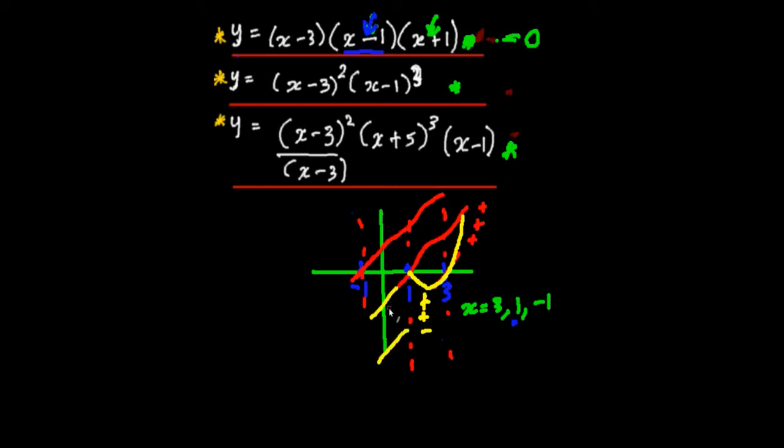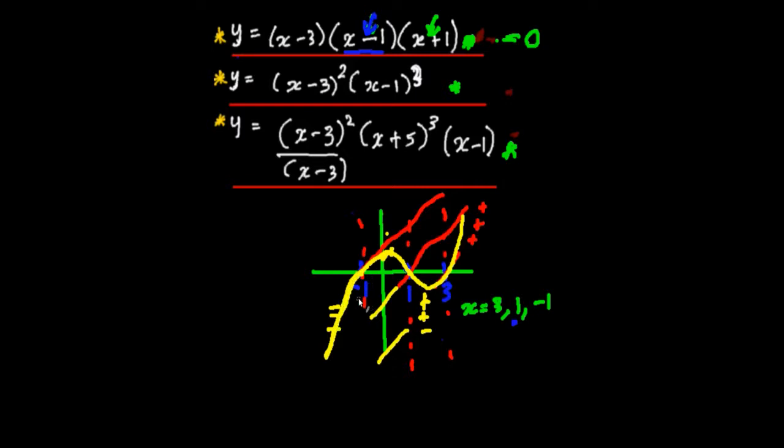So I have 1 positive and 2 negatives. What happens when I multiply 1 positive and 2 negatives? I get a positive. Right, remember the 2 negatives make a positive. And then finally, the last bit, I have 3 negatives. Alright, so that's my line.